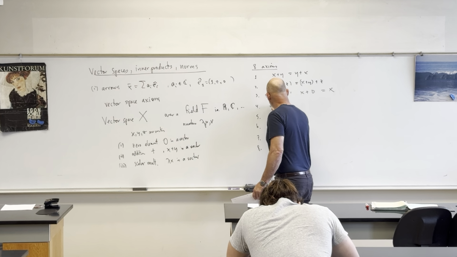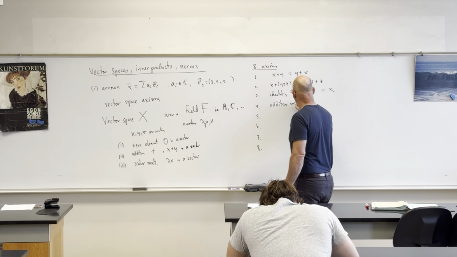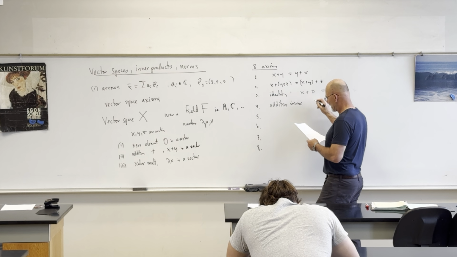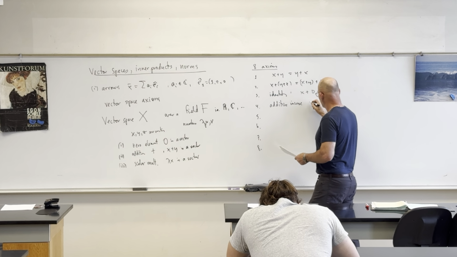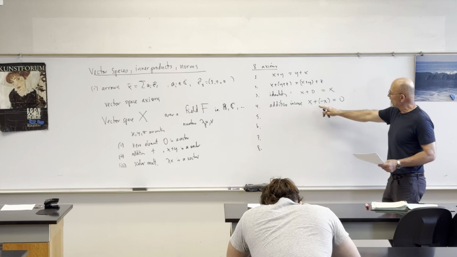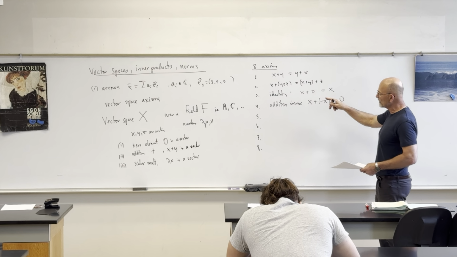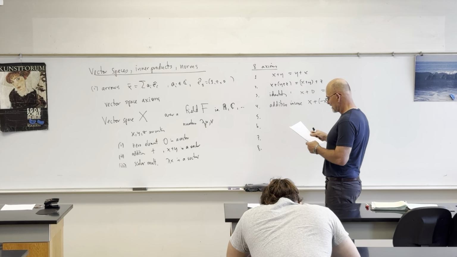We have an additive inverse. So x plus negative x equals 0. The additive inverse says if you have the vector x, it also has its negative, multiplied by negative 1. Add them up, get 0, which is that 0 element.